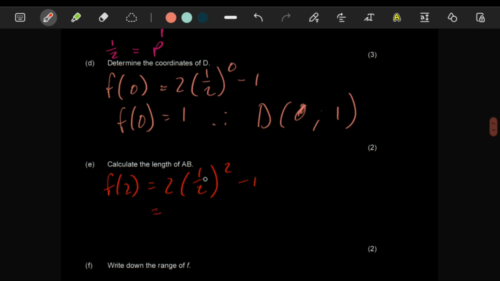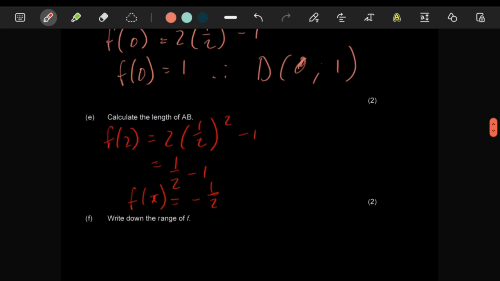So this is a quarter times 2, which is a half, and then we are getting a y value of negative a half. You can just put all this into the calculator, because remember, this is just going to be a quarter. A quarter times 2 is a half. A half minus 1 is negative a half.